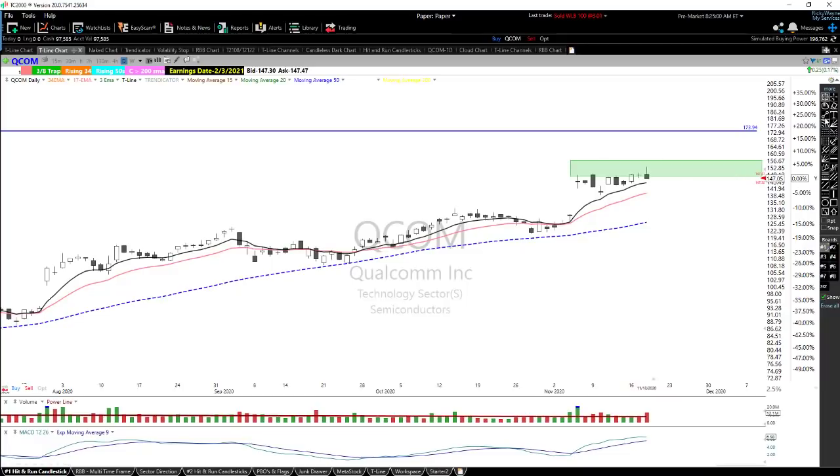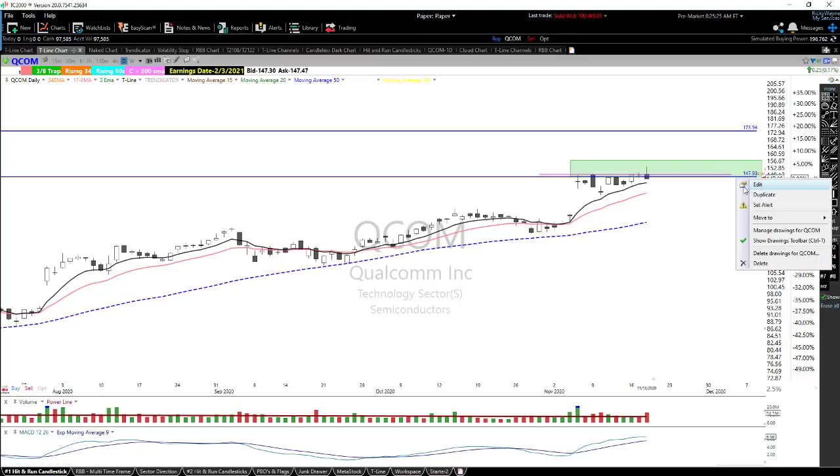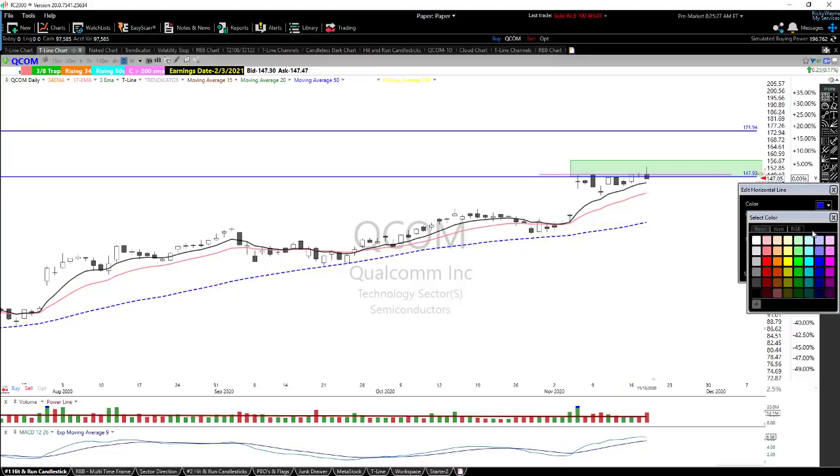Now, I think if we were to draw a line right there, just like that, that's where I would be looking for that entry, above this area, like right in here. So I'm going to look for a pop-up, maybe a little bit of rest, then buyers coming in. From there, we'll look at 173.95. We're going to put our stop right at the bottom of that green buy box. Let's paint it red. There we go.